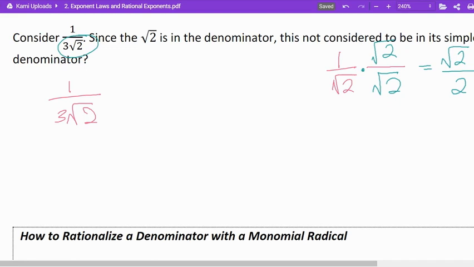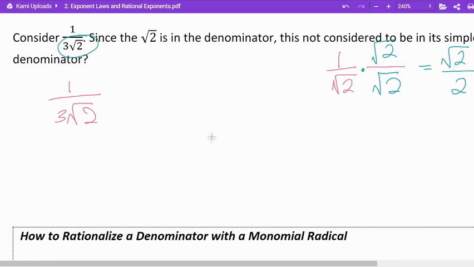Now, do you think it's okay to have an irrational number in the numerator? Yes, it's very okay. It's just not okay to have an irrational number in the denominator. Okay. And so what we did is we have moved the radical sign from the denominator to the numerator.